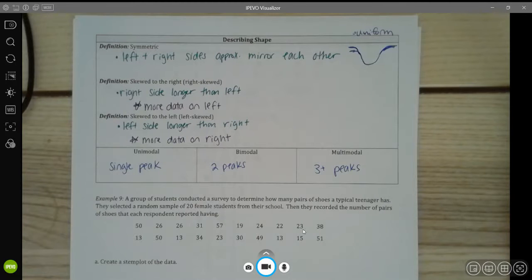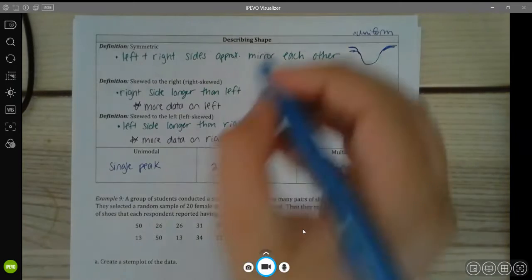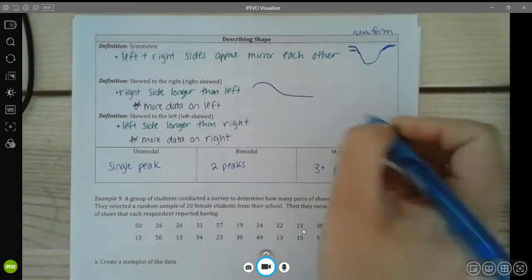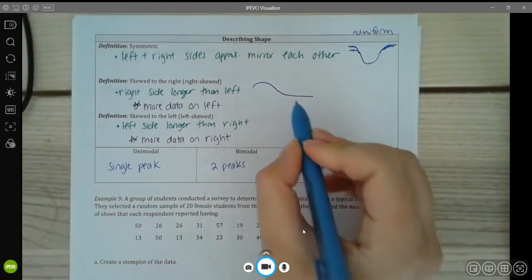We talked a little bit last video about right and left skewed. Let's really dive into what those mean. It can be really easy to confuse them because when it's skewed to the right, there's more data on the left. That means the right side is longer than the left side. The majority of the data is concentrated over here, and there's less data over here on the right.